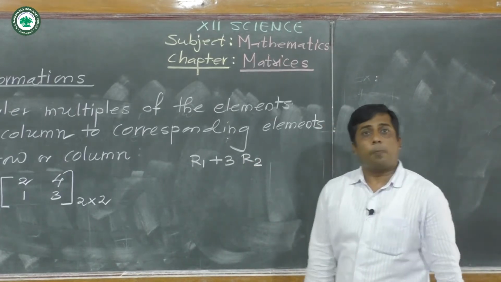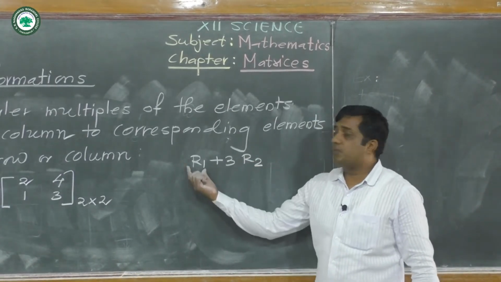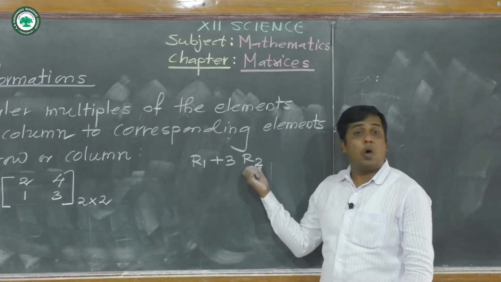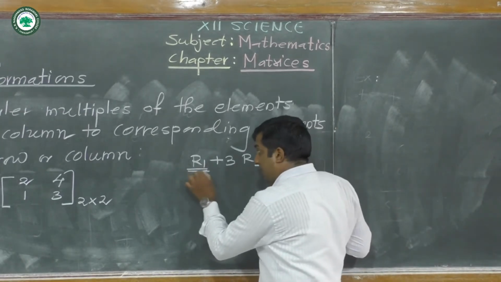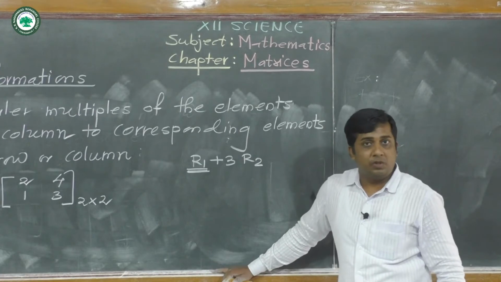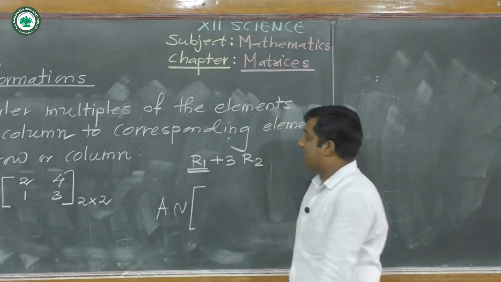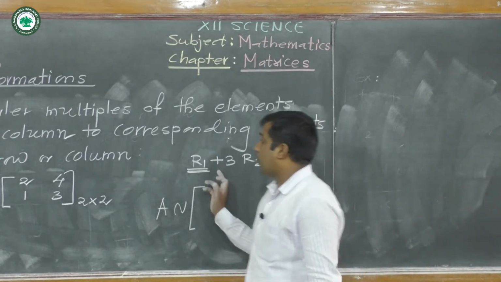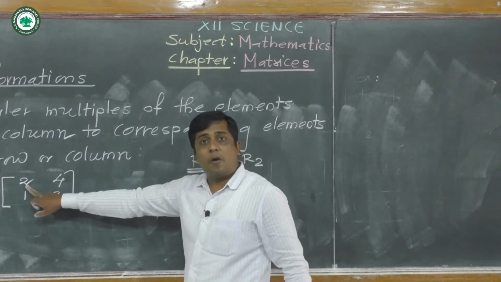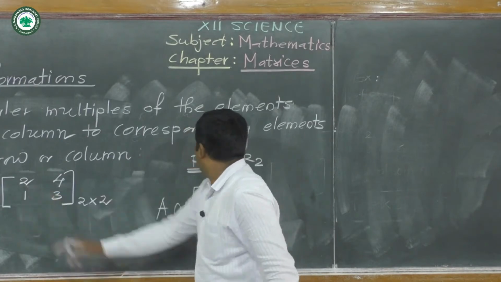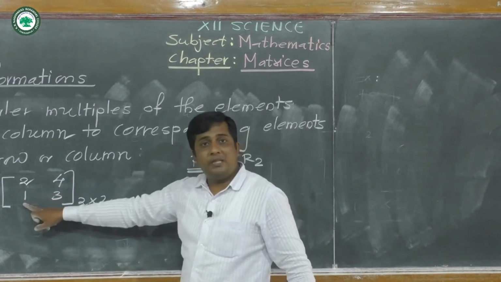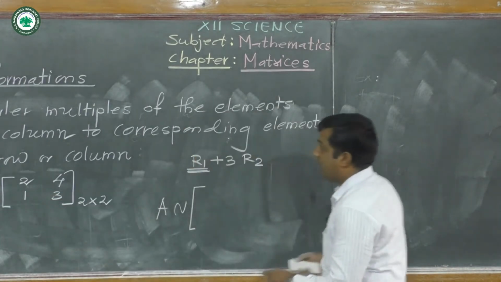That is, we have to perform the operation on this first row and not on the second row. We have to change this first row only. So here is the new equivalent matrix. Okay, here we have to add the elements of the first row with the elements of the second row. Check this again.